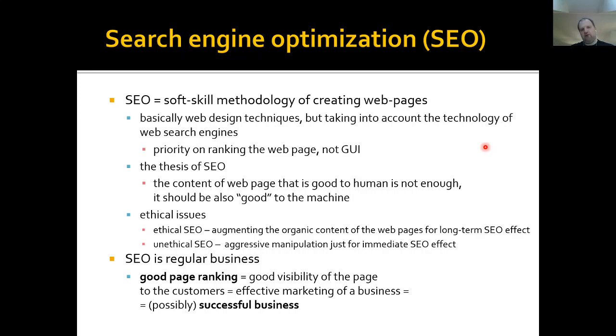But okay, there is a thesis. As we have a thesis for PageRank, we also have a thesis of SEO, and the thesis is really natural and simple, and just says: the content of a web page or a resource that is good to humans should be good also to machines. Because the effectiveness in the sense of data quality is the central objective function both for SEO and for search engine ranking, and both share this common concern.